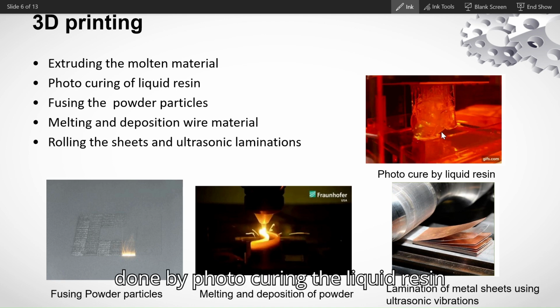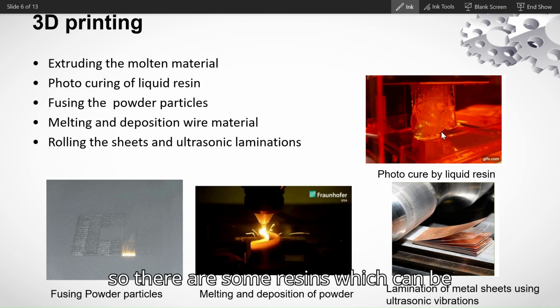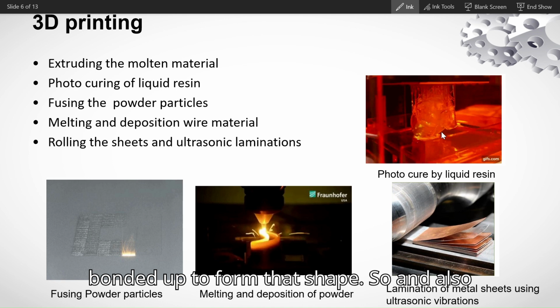It can also be done by photo curing liquid resin. There are some resins which harden when exposed to UV rays, a process we call photopolymerization. The resin particles get bonded to form that shape.